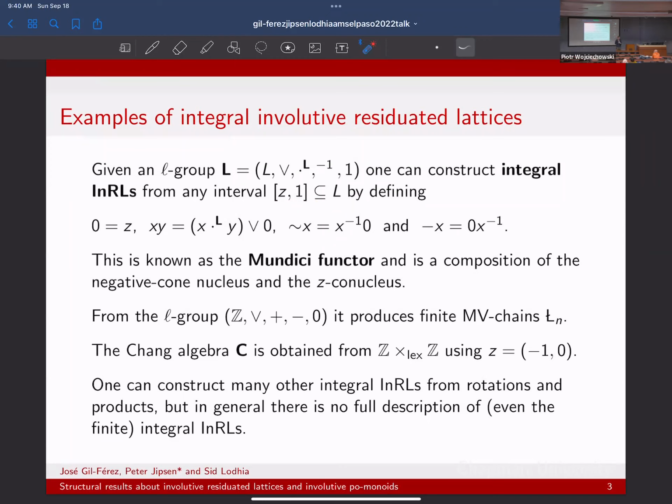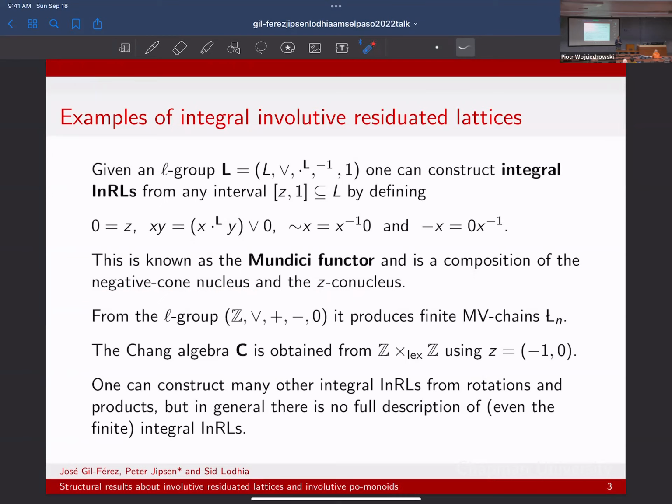And this restriction is generally, in the commutative case, referred to as the Mundici functor, and it's also a composition of a negative cone nucleus and the Z cone nucleus, which is the filter above Z restriction.